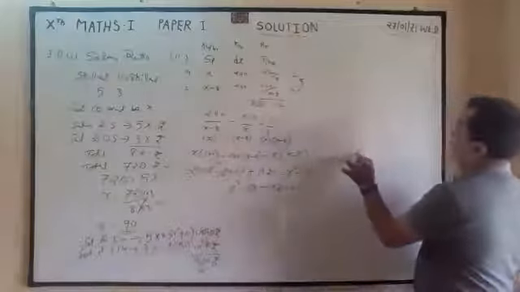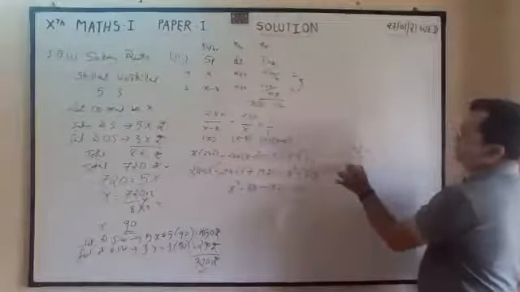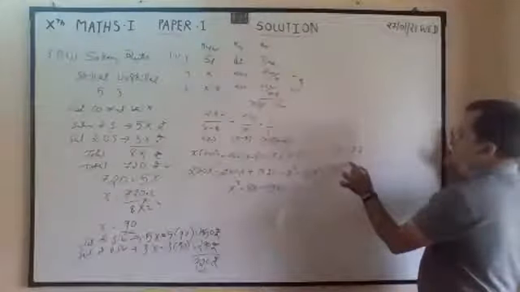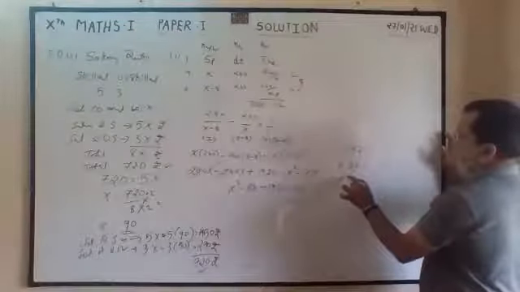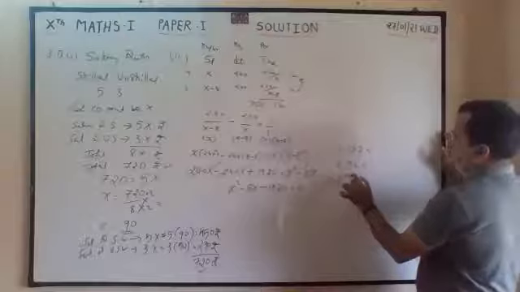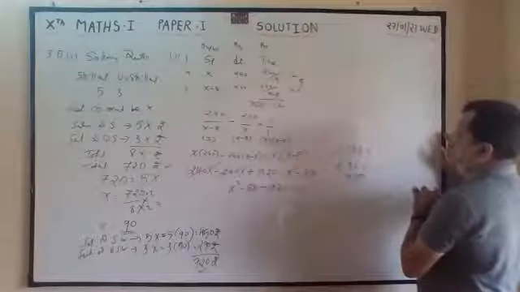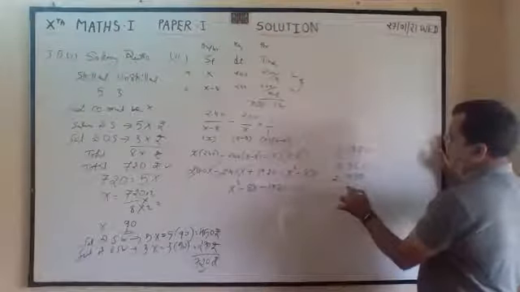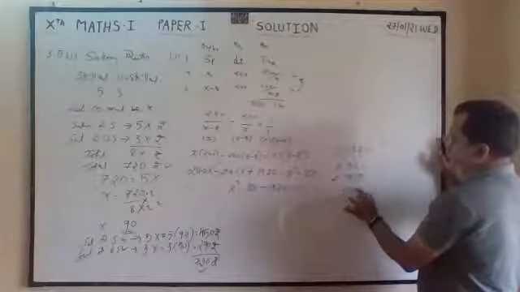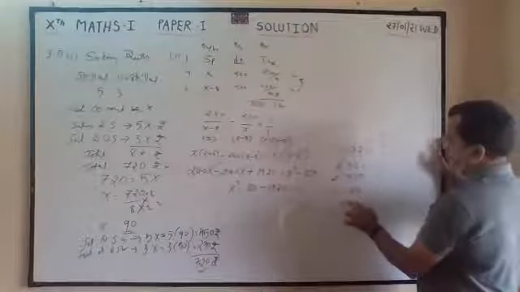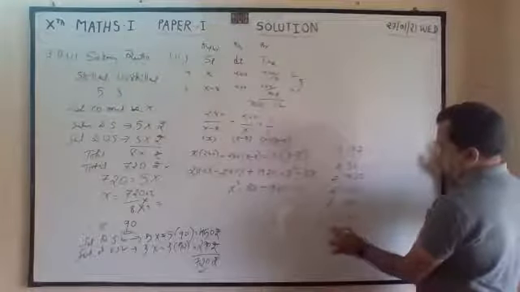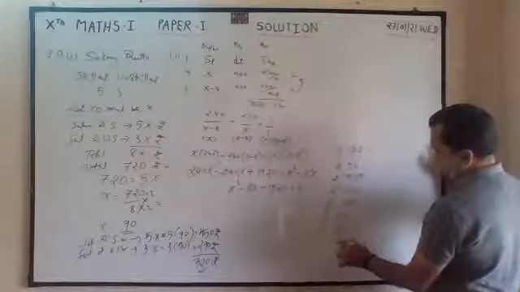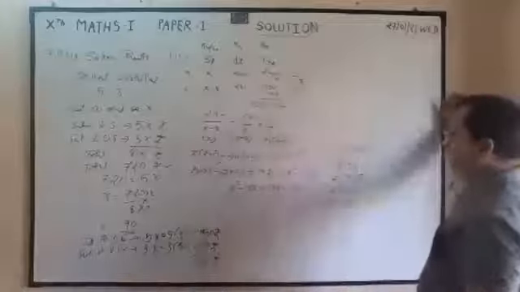So from 1920, divide by 2, again 2, again 2, again 2, again 2. We want the difference 8.